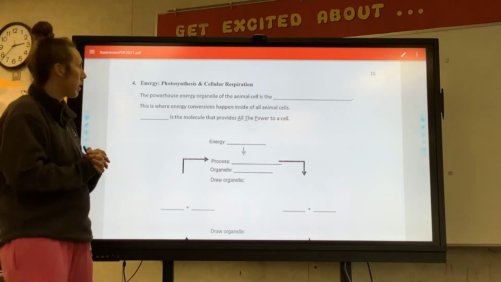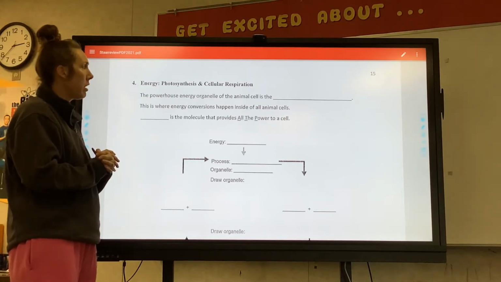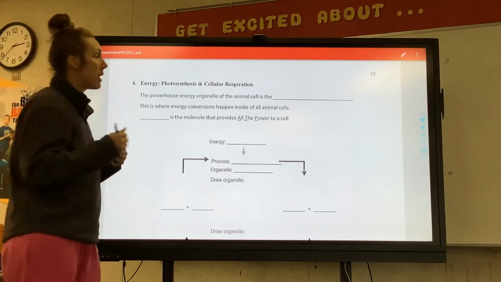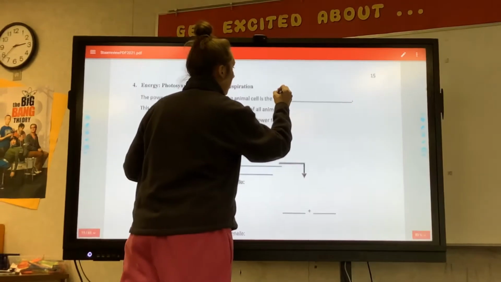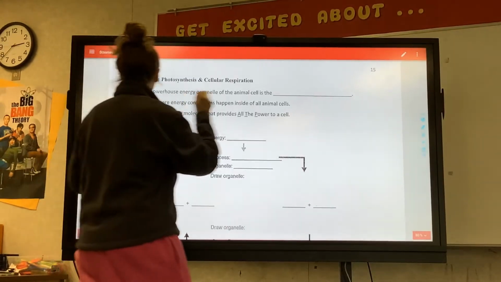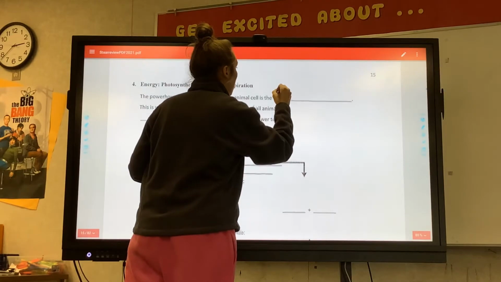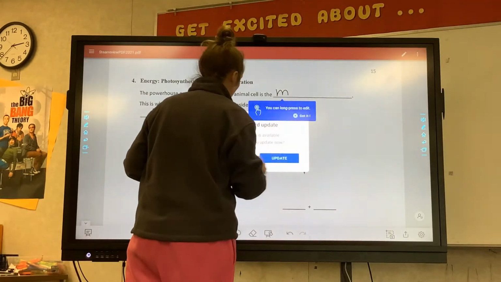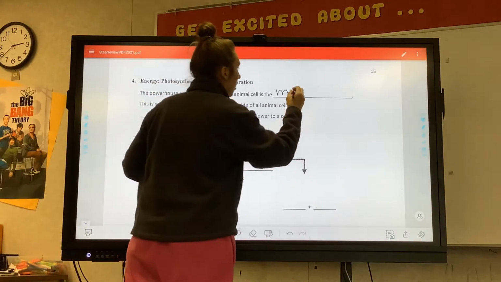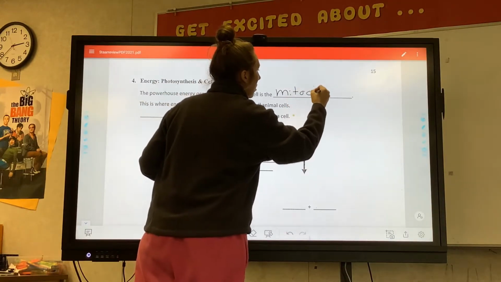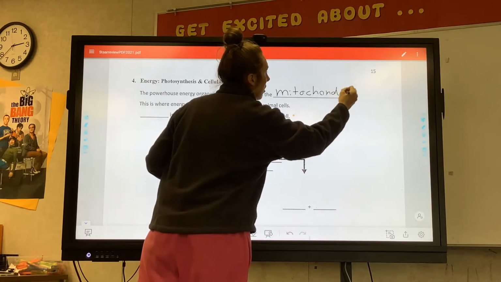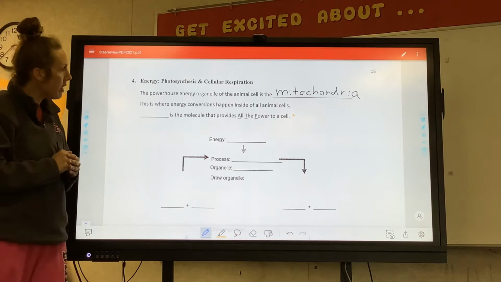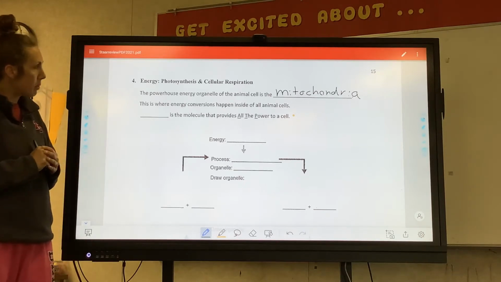Okay, so real quickly, the powerhouse energy organelle of the animal cell is the mighty mitochondria. This is where energy conversion happens inside of an animal cell.